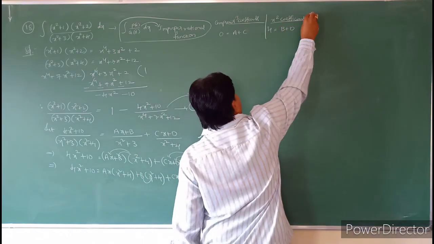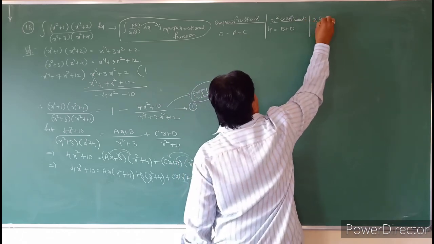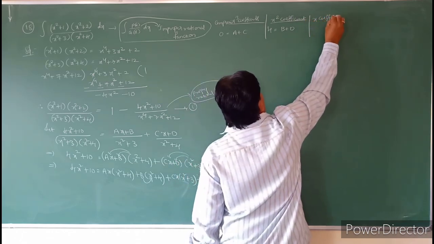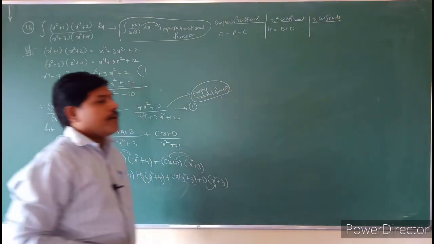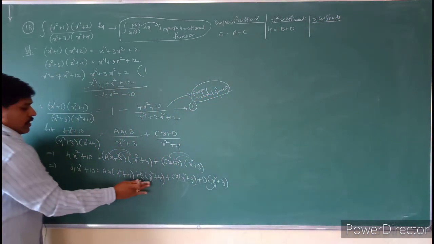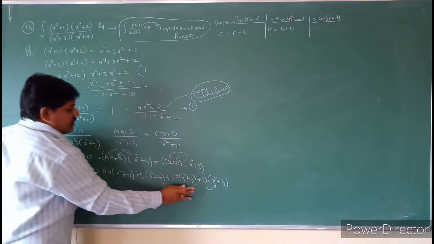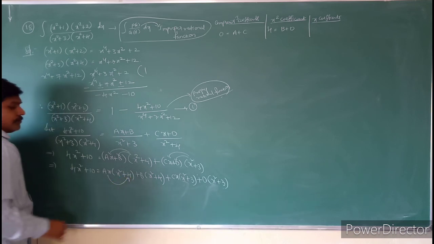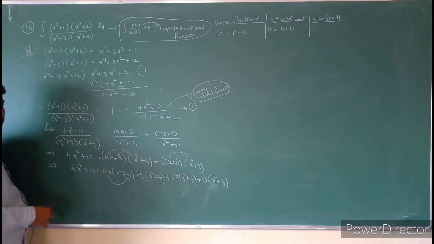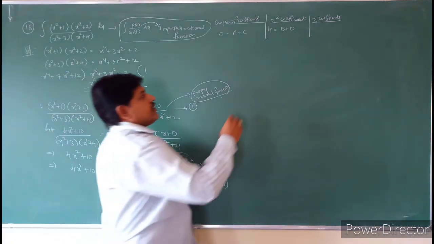Next, x coefficients. So what are the x coefficients? See that students, where are the x coefficients? Ax into 4 is 4ax. In the LHS side, it is 0.